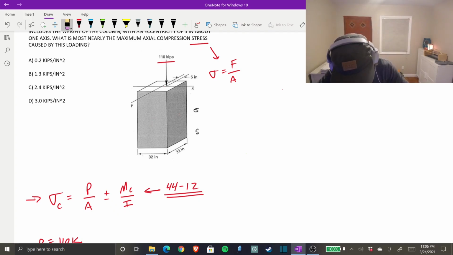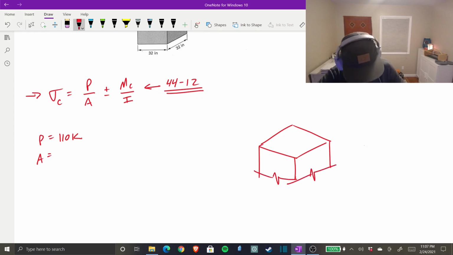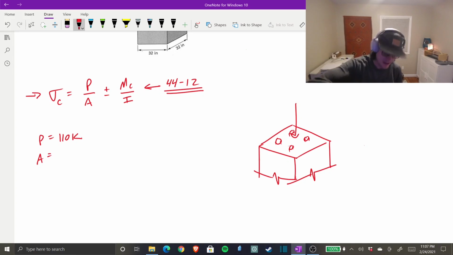We want, for stress, the cross-sectional area of your column, because if it was just a concentric force, think about it in real life, if you were a kid playing around with a Lego, and you're pushing down with your hand on that Lego. For a stress, as we talked about, it's a force divided by an area.